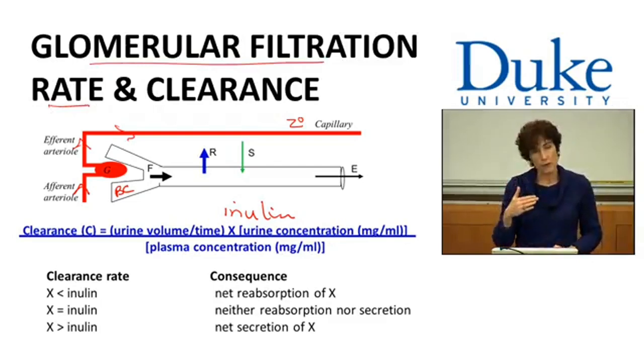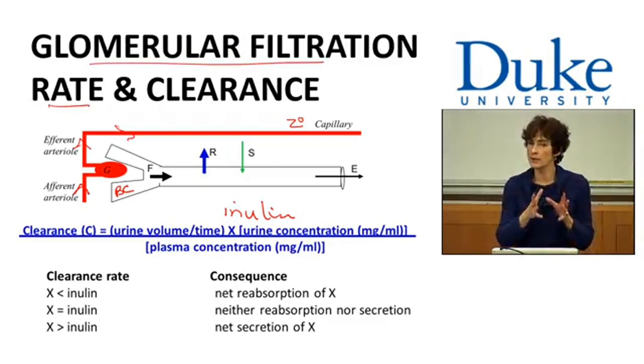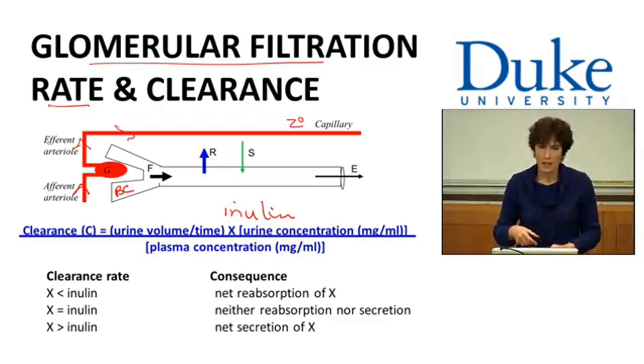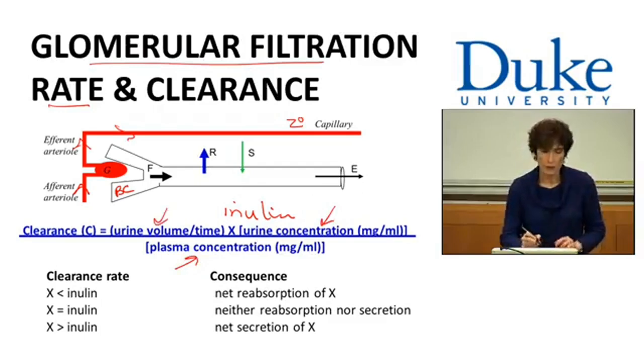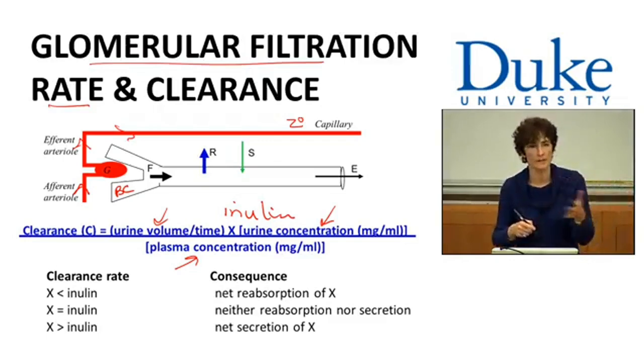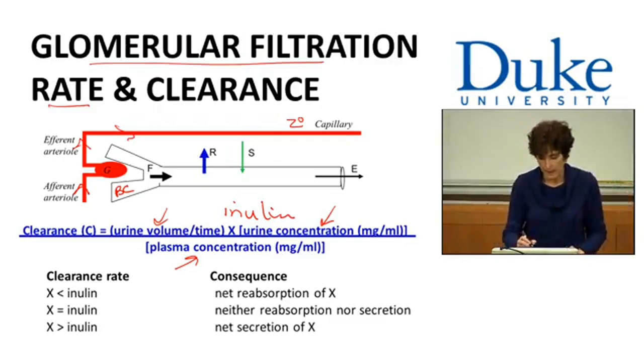Then if you want to know how quickly some other substance is removed from the body, then you can measure its concentration within the plasma, and you can measure its concentration within urine, and you can take a timed urine sample, so that by using these three parameters we can calculate the clearance or the removal of a substance from plasma.